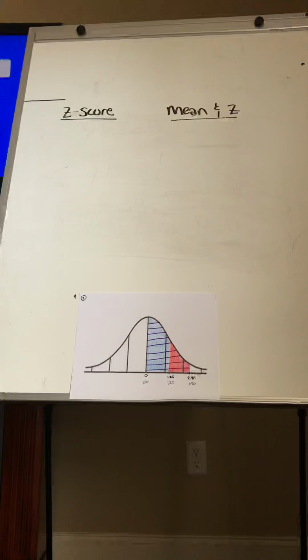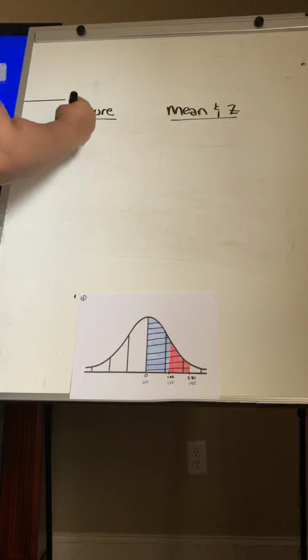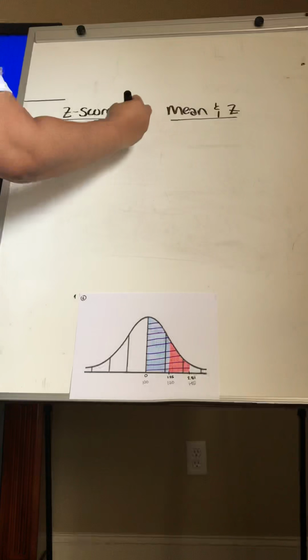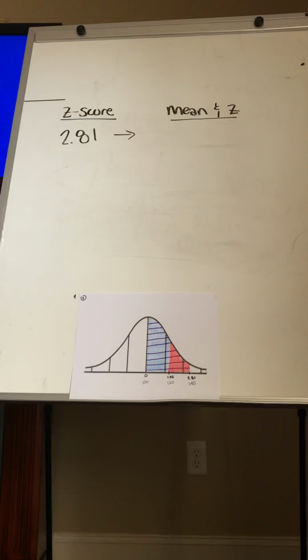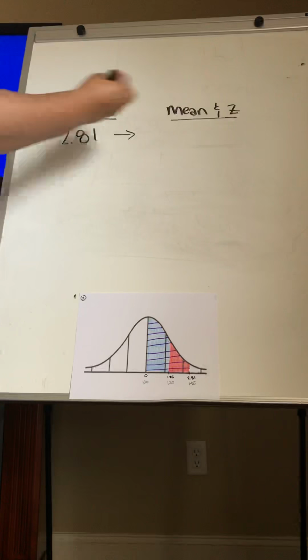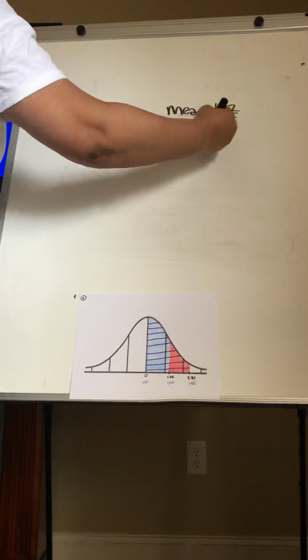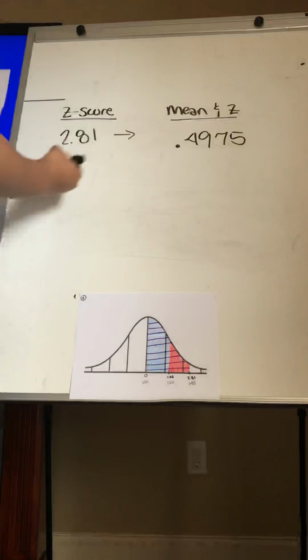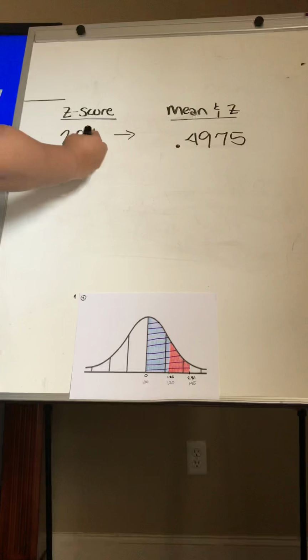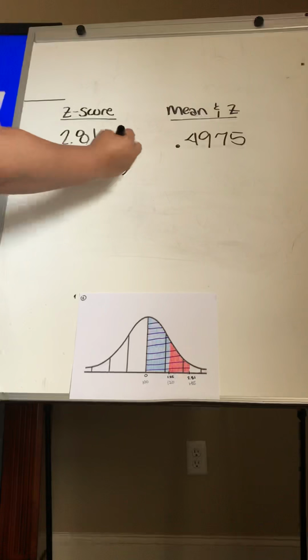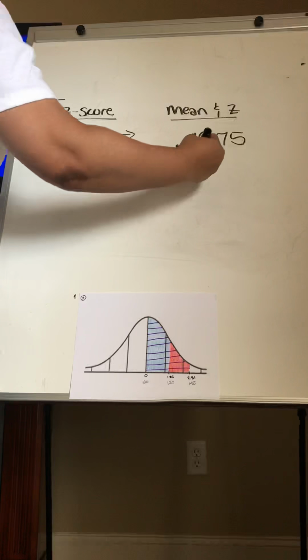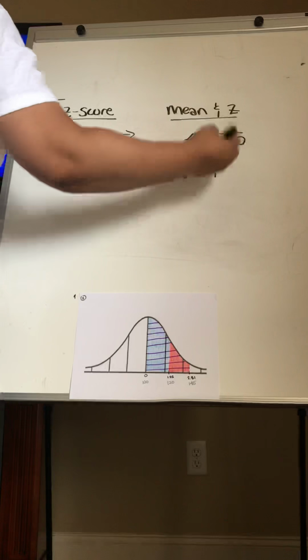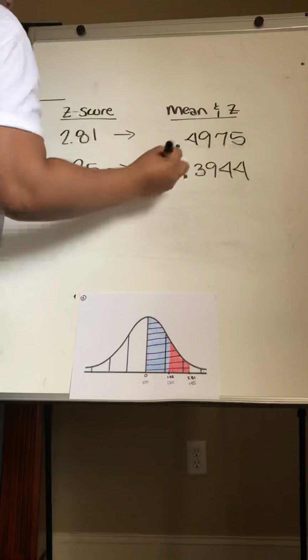Okay. So for 2.81, his measurement between mean and z would be 0.4975. And then 1.25's measurement between mean and z would be 0.3944.